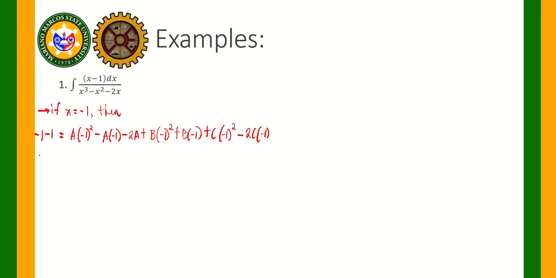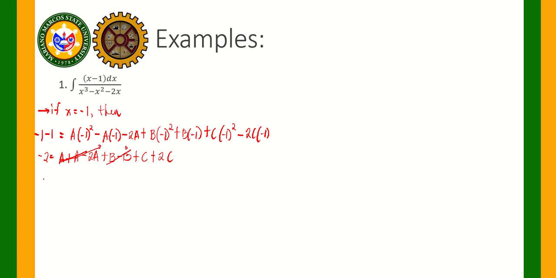So simplifying further, this is equal to negative 2, and then a, since negative 1 squared is 1, negative negative plus a, and then minus 2a plus b minus b, and then plus c plus 2c. So this will cancel. A plus a minus 2a, that is 0.